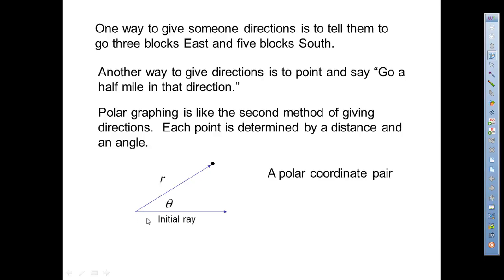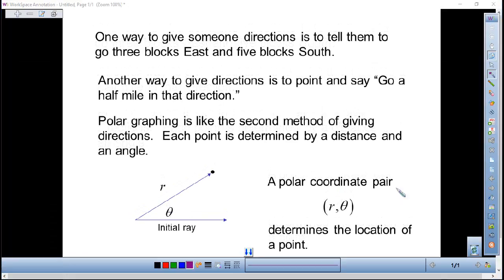So when we do a polar coordinate system, where the Cartesian plane was divided by x and y axes, with the polar we're only going to have one, and that's just going to be the initial ray.